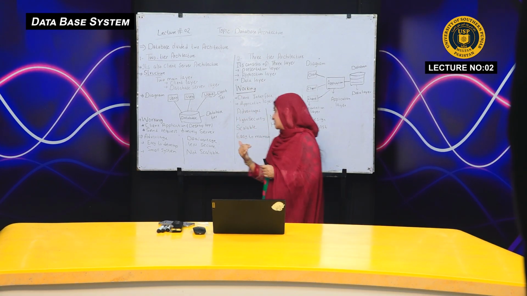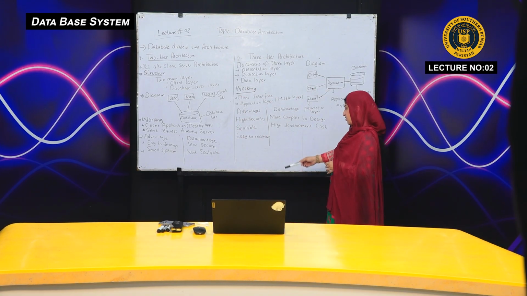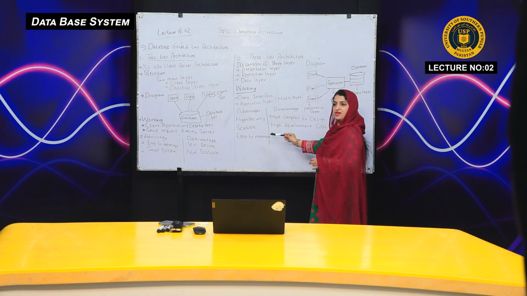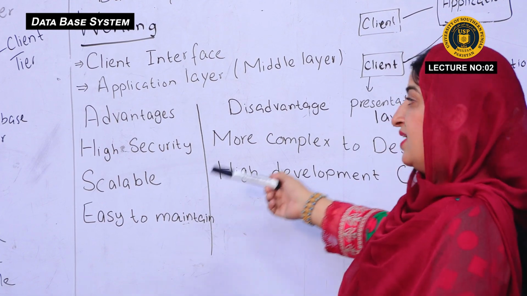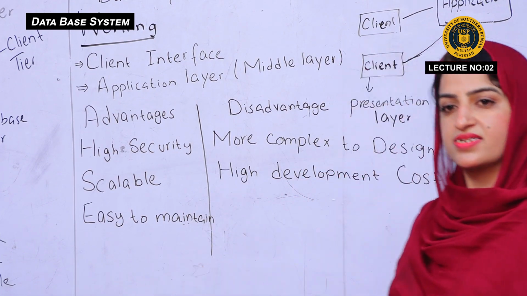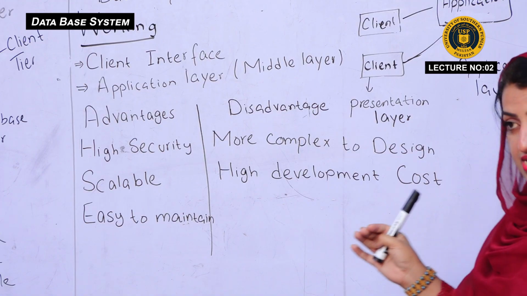The next advantage is that it is easy to maintain, because the system is very secure, so it is easy to maintain and update. The next advantage is high performance, with better performance for large systems.